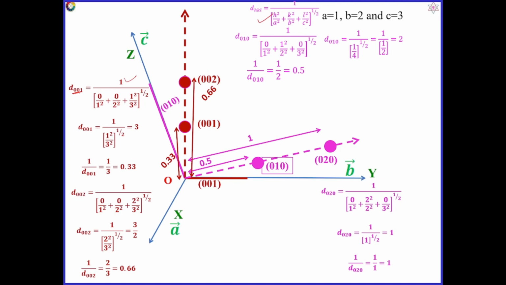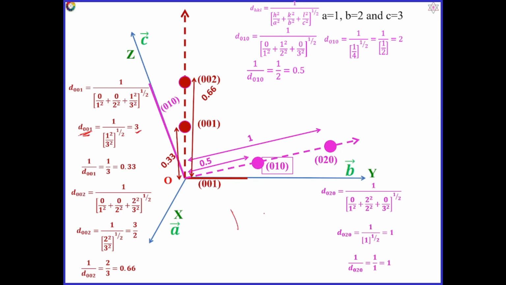L is 1, c we considered as 3. So 1 square by 3 square, root over, and we find the d value is equal to 3. That is the interplanar spacing of the set of planes of 0, 0, 1.